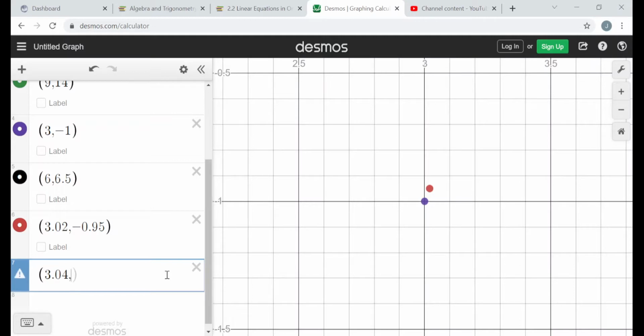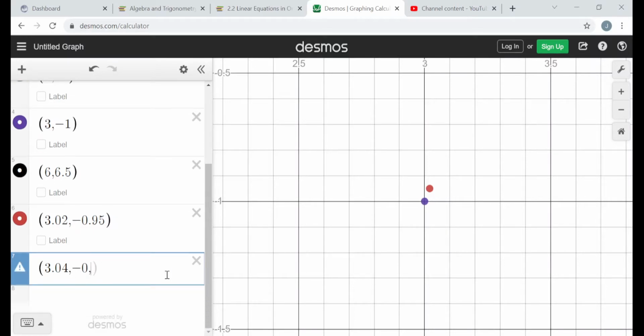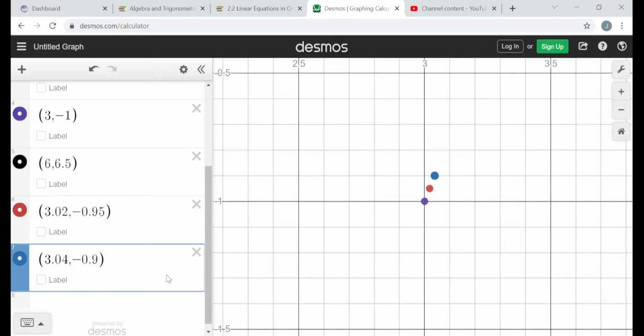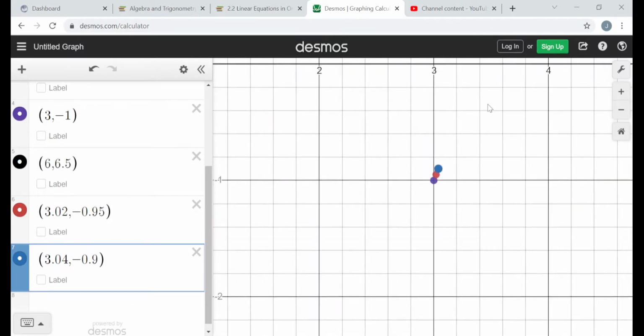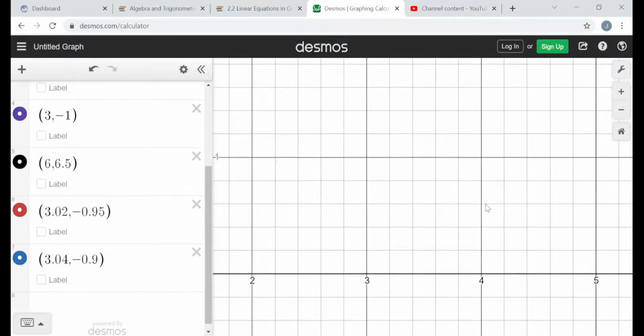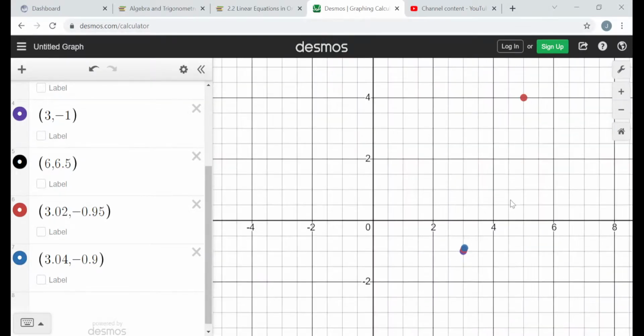And then right 0.02, and then up 0.05, that'd be -0.9. You see that again? They're falling on the same line, and these should be on the same line as the points I had up there. I know it doesn't look like it, but those are on the same line.